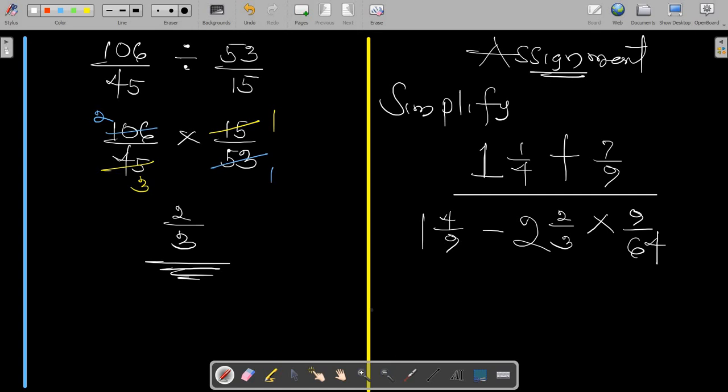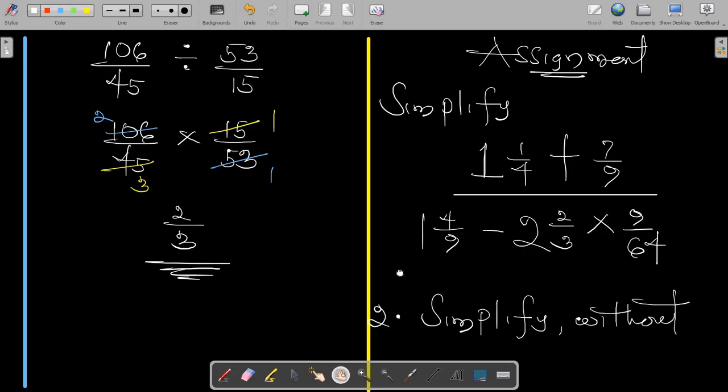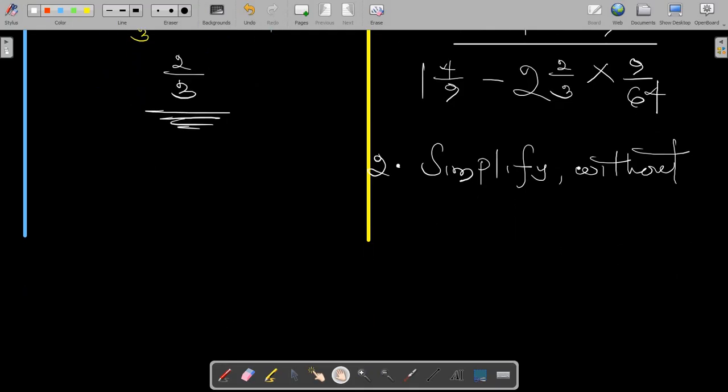Now the second question, number 2, we have to simplify without using tables or calculator.